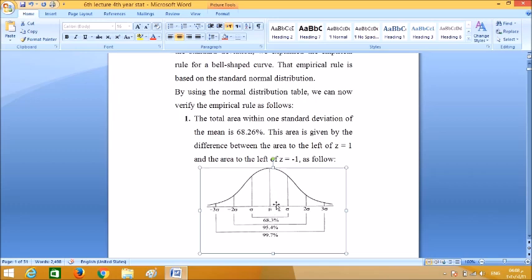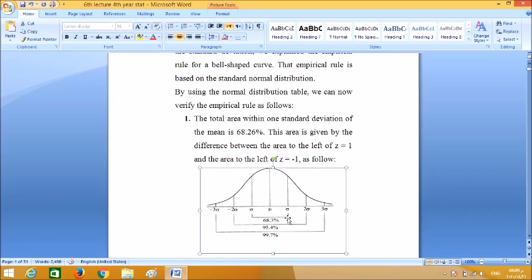So if you want to get this area only between mu and 1 sigma to the right, you have to divide this area by 2. If you want to get this area from mu to 2 sigma, then divide 95% by 2. If you want the area between 1 sigma and 2 sigma, divide this one by 2 and divide this one by 2, and subtract this area from this area.